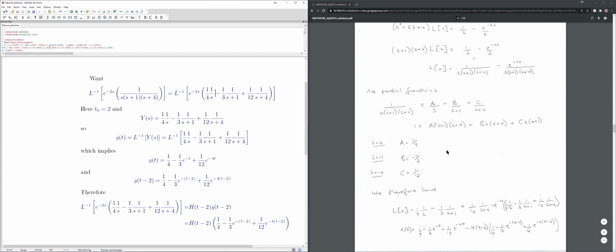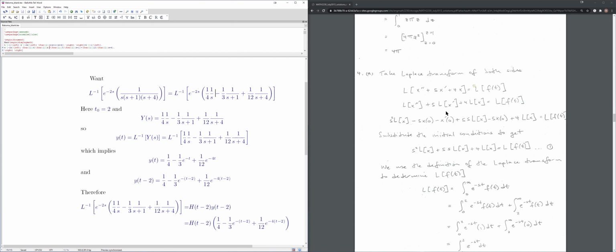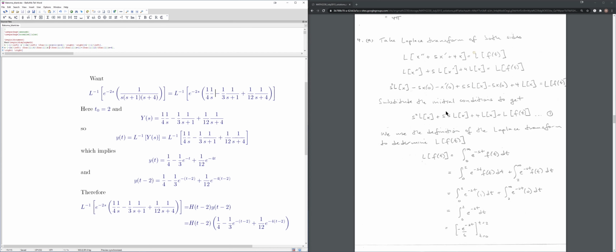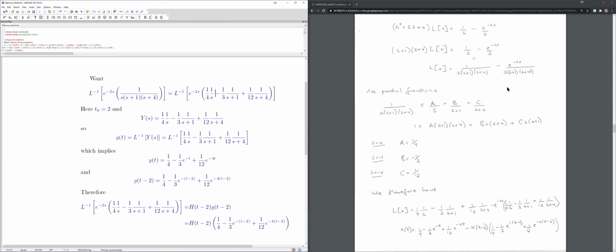Okay, so given the Laplace of x is equal to this function of s, to get the actual solution, what I want is a solution of my differential equation, the x of t. And to get the solution, the x of t, what I'm going to be doing is taking the Laplace inverse of this.